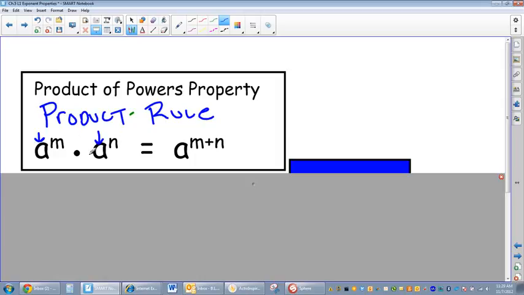Like bases is kind of a new term there. If you're multiplying like bases, you add the exponent. That's what it says right here. If you're multiplying, right, that's a multiplication symbol, like bases, you add the exponent. So if you're multiplying like bases, you add.